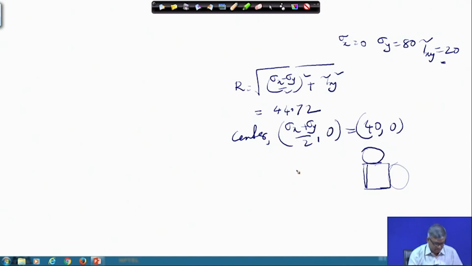So, I can draw the Mohr circle. Either I can locate the center here at 40, 0, and then taking the radius I can draw the circle. So, suppose I will draw the circle like this.